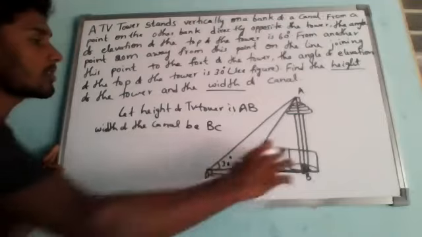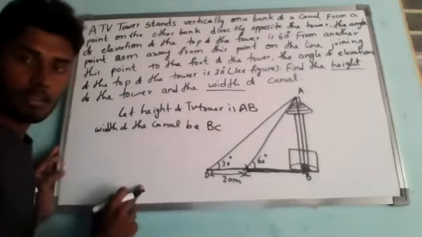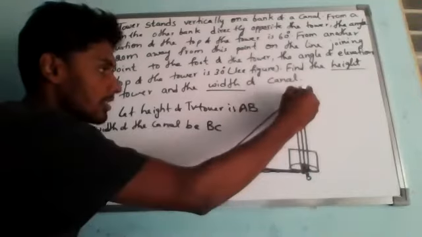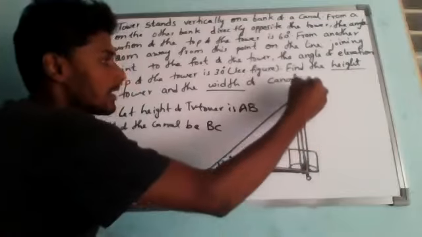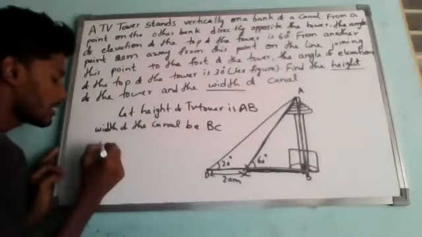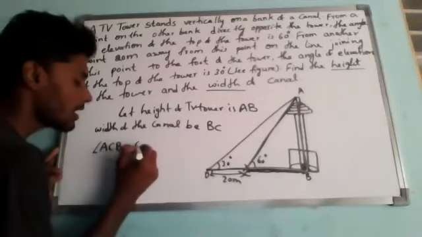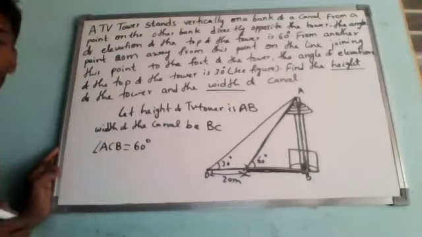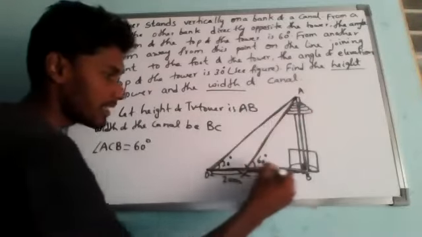Now you can observe in this figure, we have two right angle triangles. Is it correct? Yes. So this is the first right angle triangle, ACB. Angle ACB, which equals angle C, is how much? 60 degrees. Like that, we have one more right angle triangle here, that is ADB.